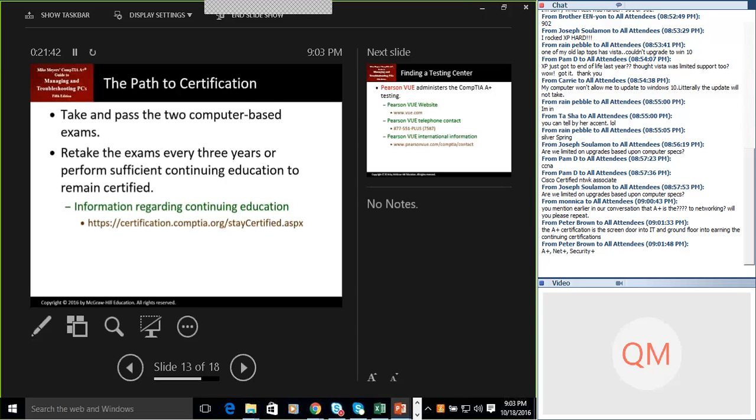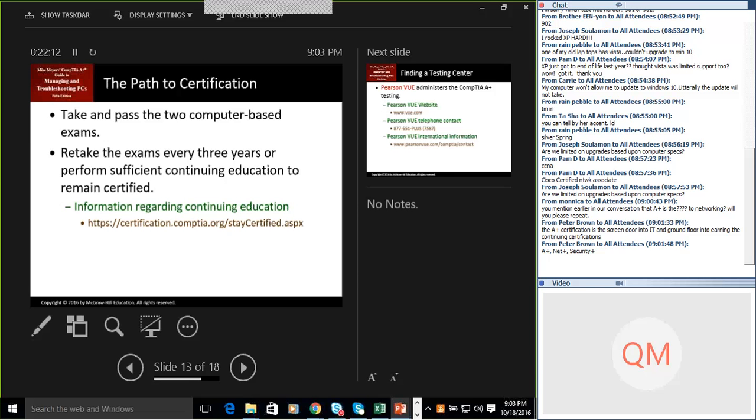Retake the exam every 3 years. Yeah, I'm not doing that. Make sure that you stay on top of continuing education. Continuing education is just taking other courses, you know what I mean, that give you CE credits towards the renewing of your certification. And also understand that if you attain higher level certifications, they automatically renew your lower level certifications.